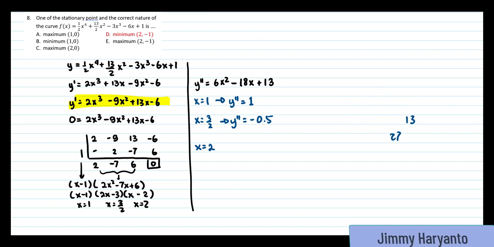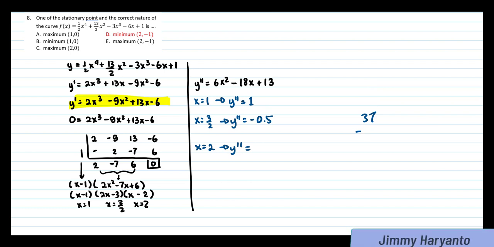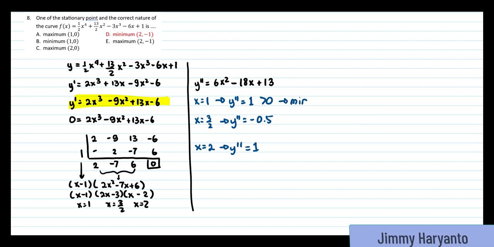And then x equals 2, the y double prime will be 24 plus 13, 37, and then minus 36, it's 1. Okay, so this one is greater than 0, that means this one is minimum. This one is less than 0, that means this one is maximum. This one is greater than 0, that means this one is minimum.